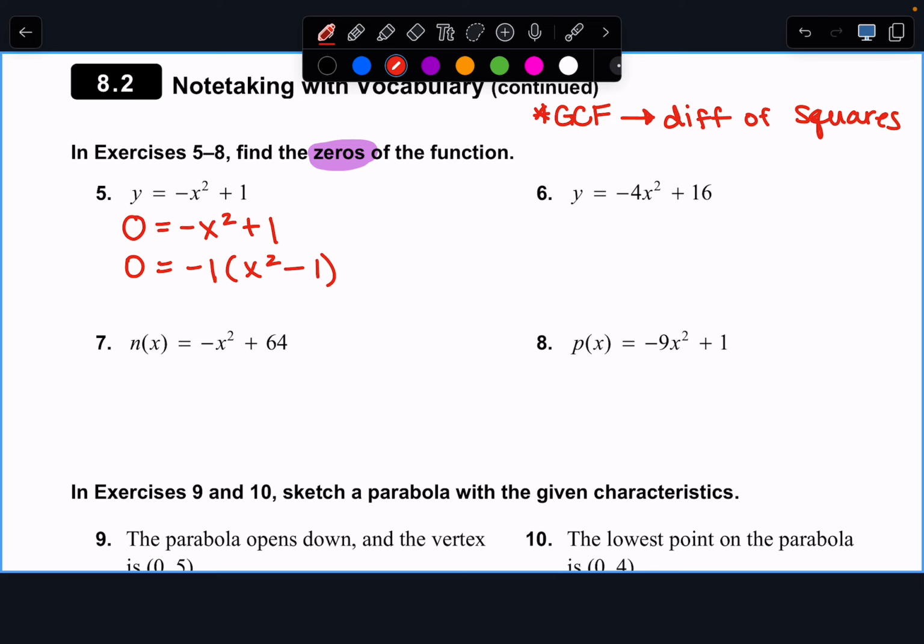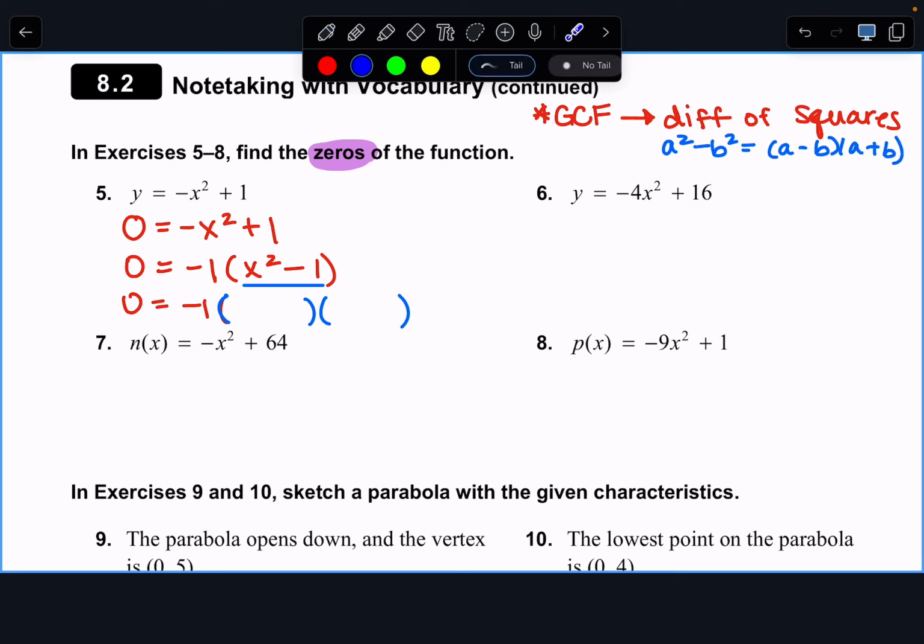Can we factor x squared minus 1? Yeah. Remember, a squared minus b squared factors to a minus b, a plus b.